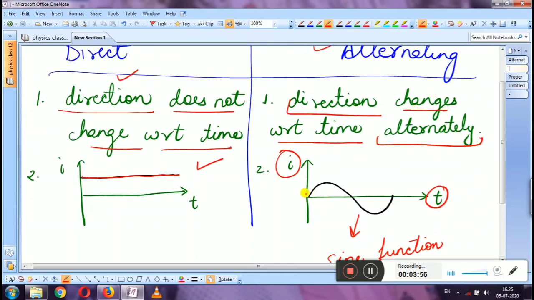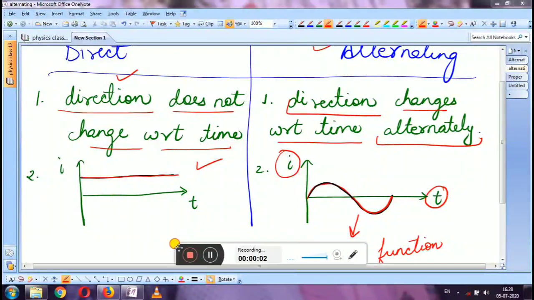Okay, so this symbolic representation of alternating current is represented with the help of sine function, and by alternately you mean for half cycle the current will remain on one side, and for the other half cycle current goes to the other side. This is called changing direction alternately.